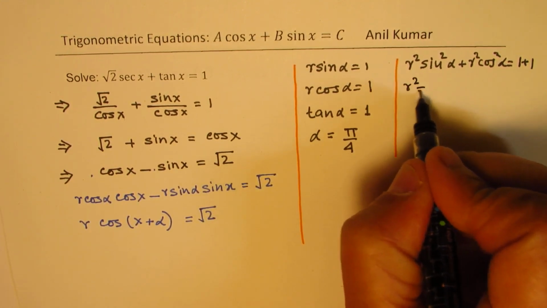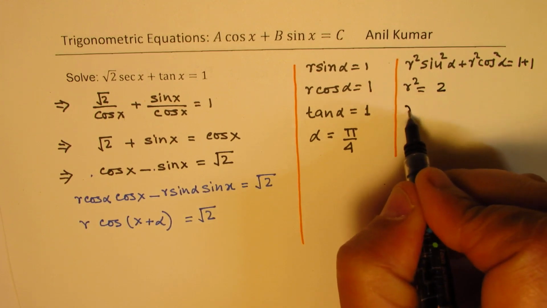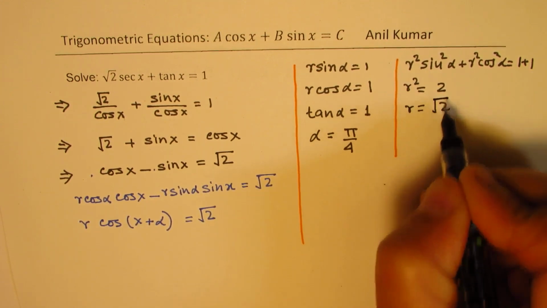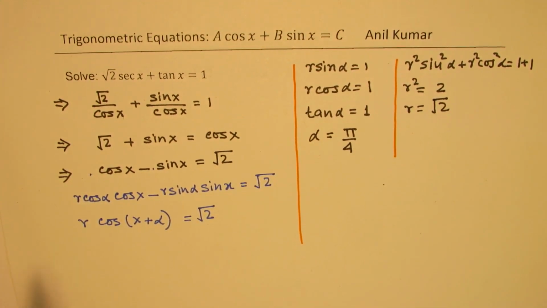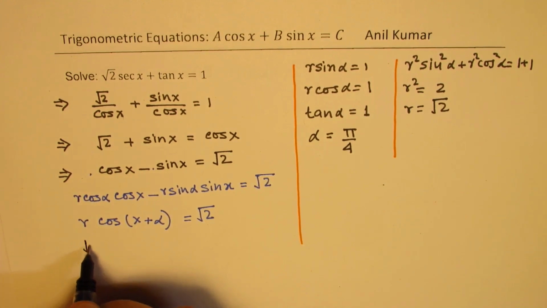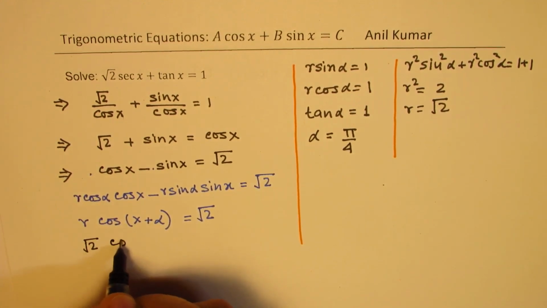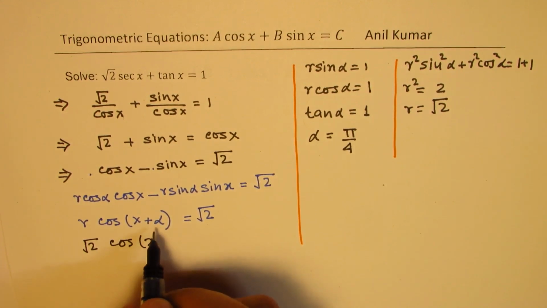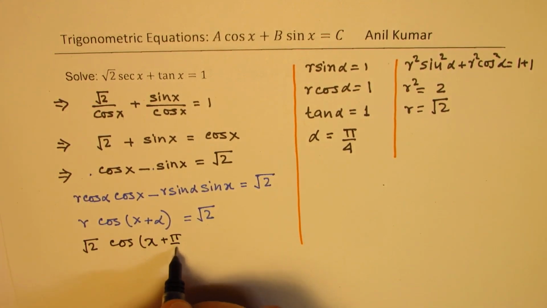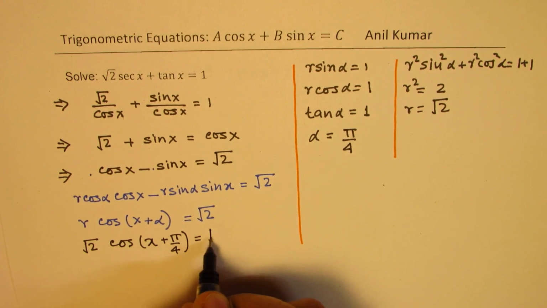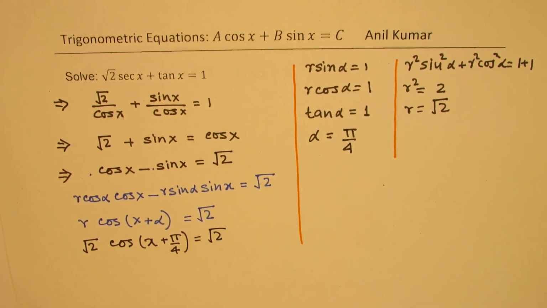So we get r square equals 2 or r equals square root of 2. So from here, we can write down that we have square root of 2 for r, cos of x plus alpha, where alpha is pi by 4. Is that clear to you? Equals square root of 2. Or we can now solve this further and say cos of x plus pi by 4 is equal to 1.